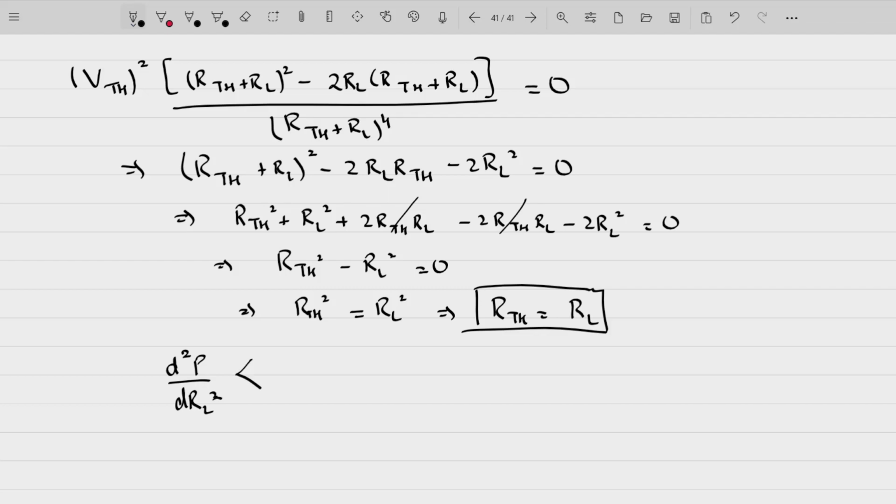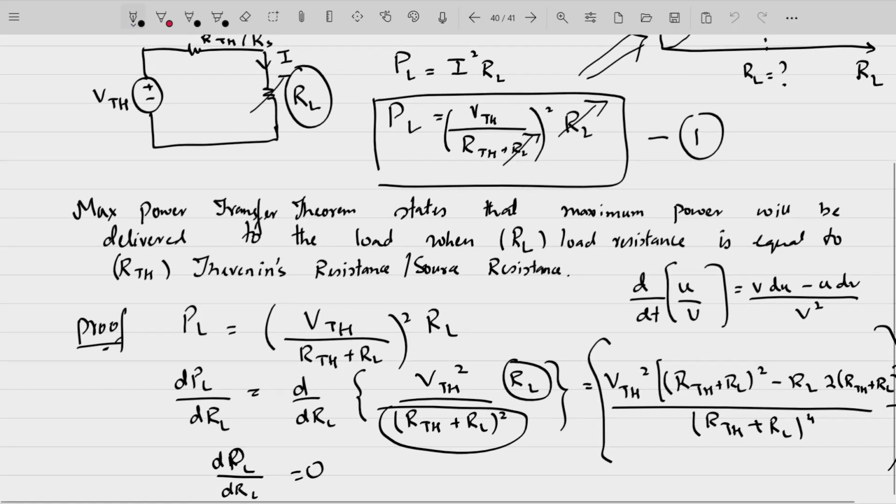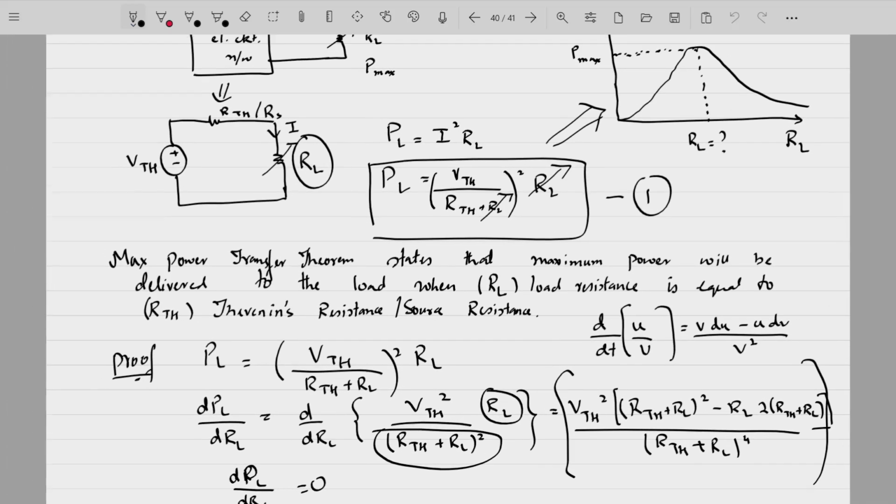Once you double differentiate it, you will see that d square P by dRL square will be less than 0. It will be a negative term. Therefore, this point is actually a maximum point. Fine.